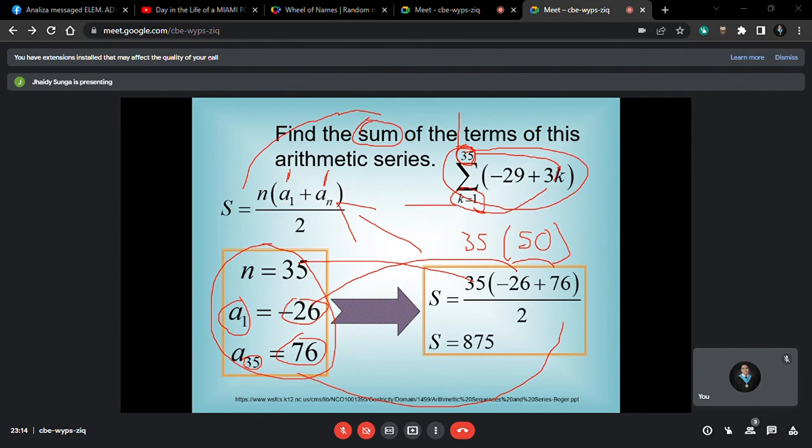If we just do it manually, it's 35 times 50. So 5 times 0 is 0. 5 times 5 is 25.